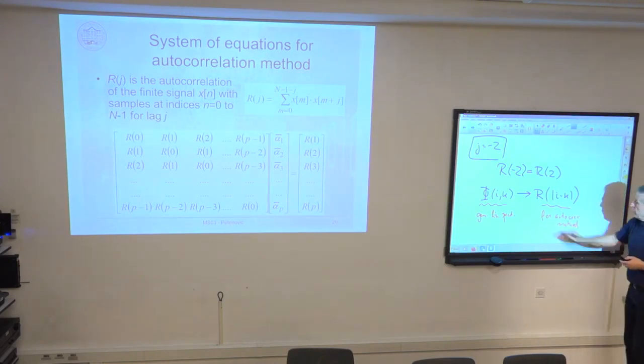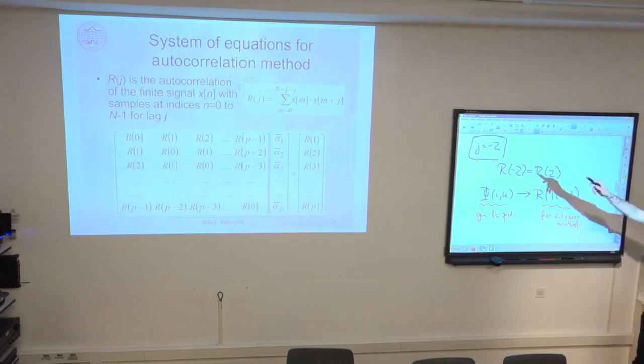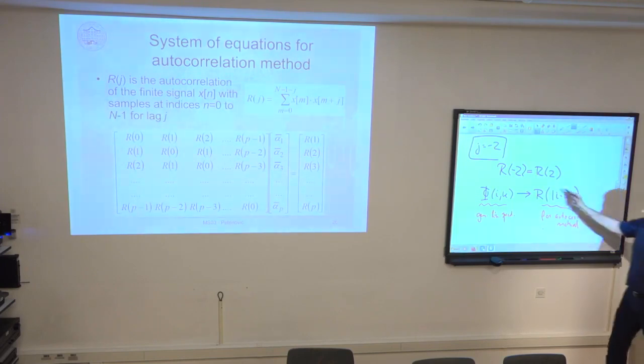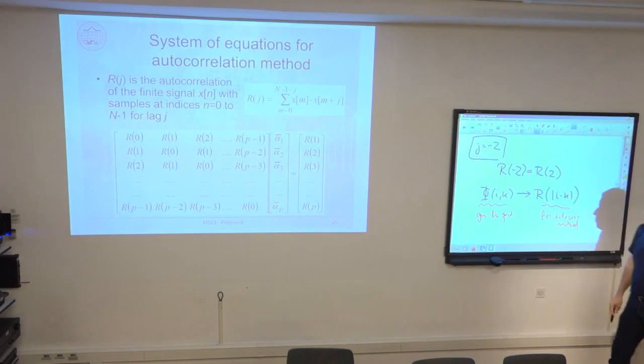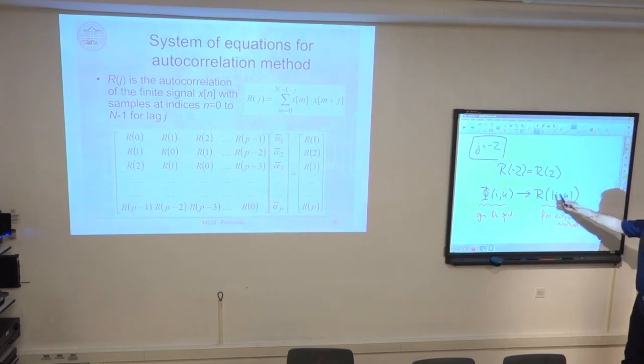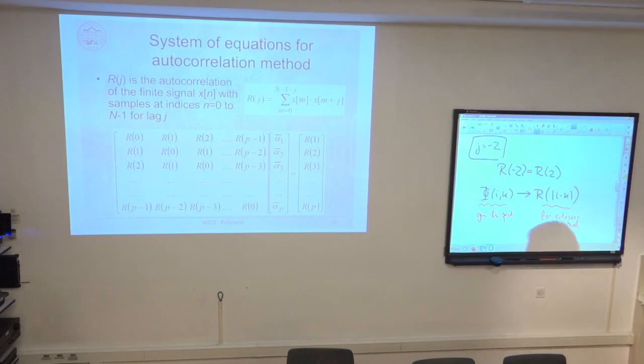So for the autocorrelation method, we will use this equation R of j, and it is the same as phi of i comma k by simply considering only the absolute difference between index i and k.